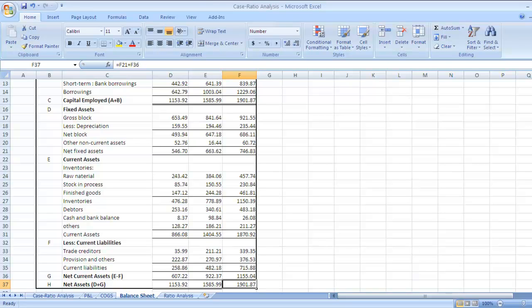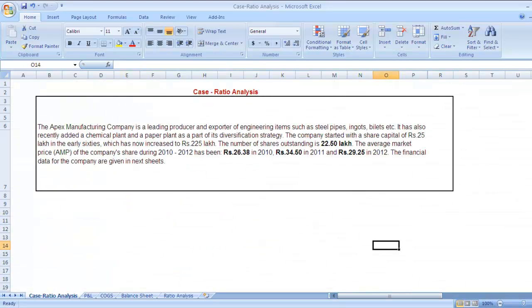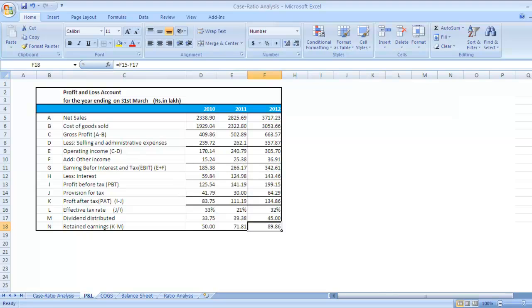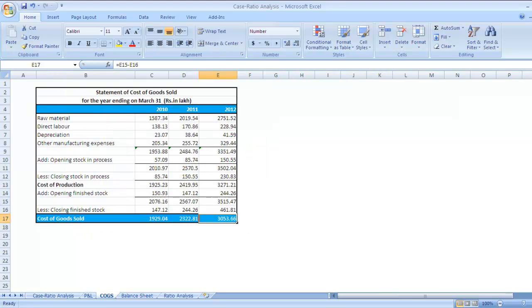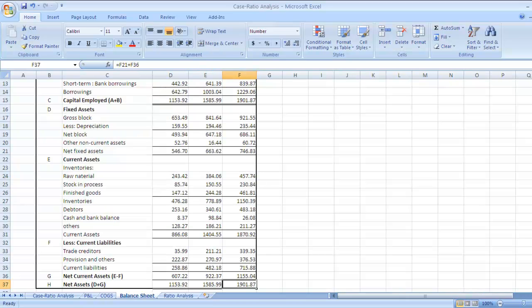We also have data on the total number of shares outstanding, the market price, and share capital. Next we have the profit and loss account, the cost of goods sold statement, and the balance sheet.